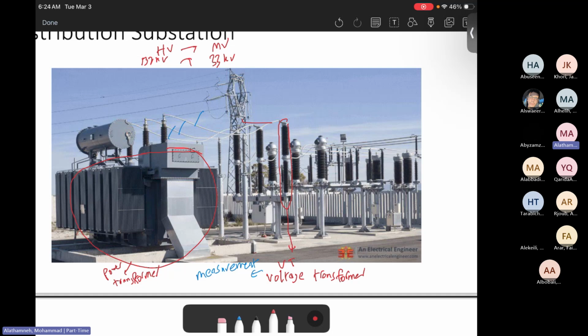After that, we will see the next equipment. This one is called CT, which is current transformer, and its purpose is to measure the currents. So VT is for measuring the voltage and CT for measuring the currents.